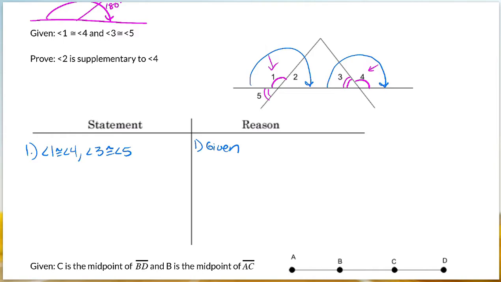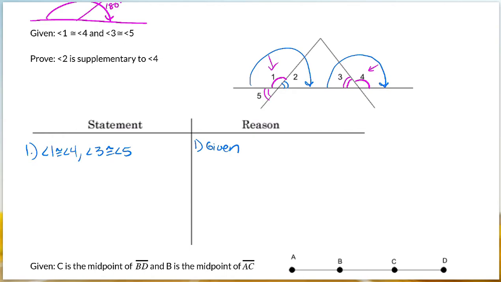We can use angle 5 in here. I didn't mention that a minute ago. Angle 5 was given as being congruent to angle 3. And we can see in the picture that angle 2 is vertical to angle 5. So we could say that they are vertical angles and they would be congruent.